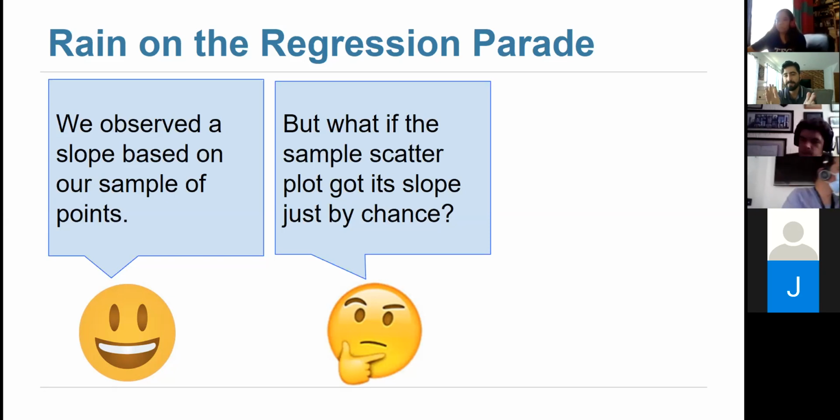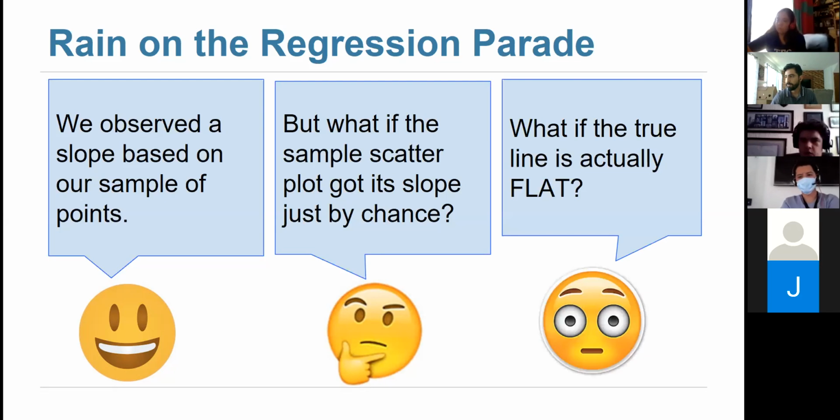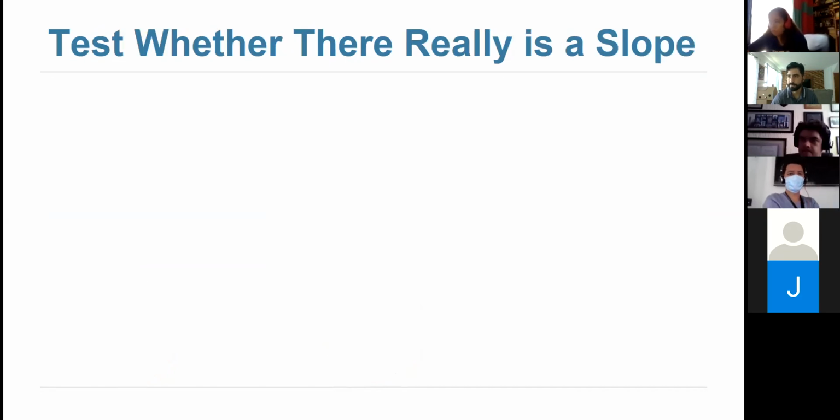But what if that is totally by chance? What if the true line is actually flat or different? That's what we're trying to find out, so let's talk about how we can do that.